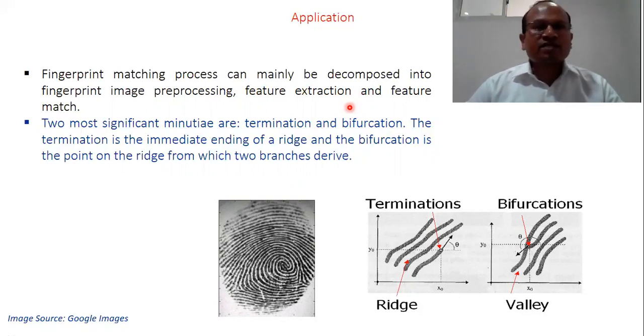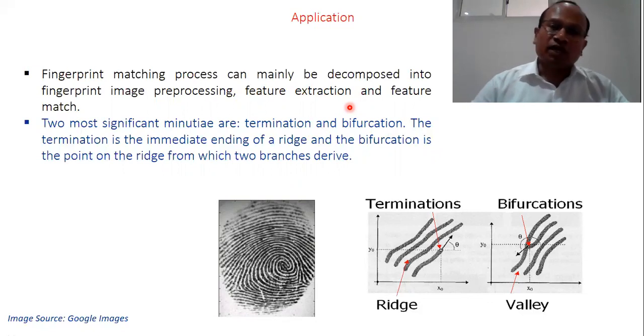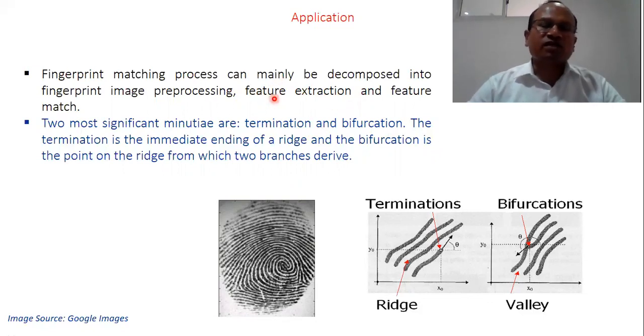But feature extraction becomes very difficult, and you will not be able to extract an appropriate set of features, when the quality of the image is not good. So we enhance it using some pre-processing. Then we can extract features, and after extracting, based on matching of features using a suitable metric, we can implement fingerprint matching.